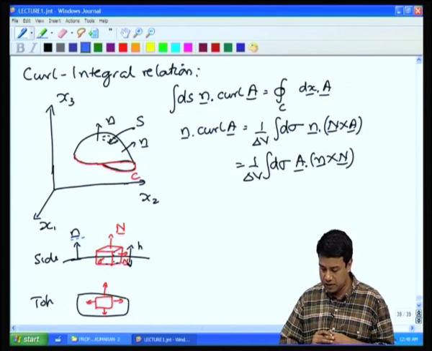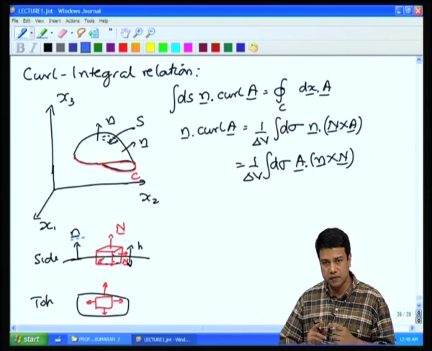Whenever it points in the same direction as small n, n cross N is equal to 0, because if the two are directed in the same direction, the cross product of two parallel vectors has to be equal to 0. So, the integral over the top and bottom surfaces is identically equal to 0. What one is left with is the integral over the sides.